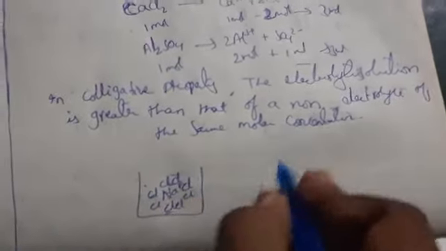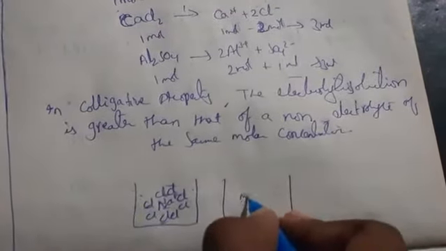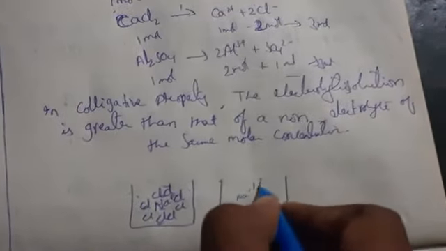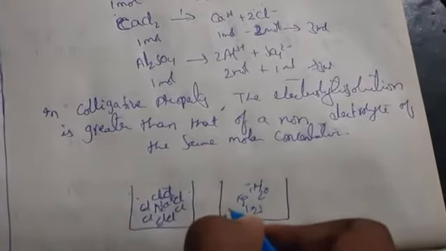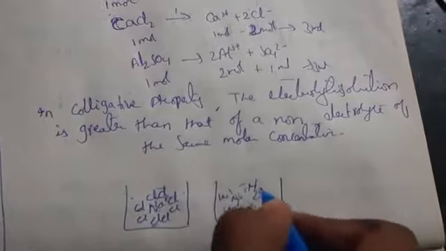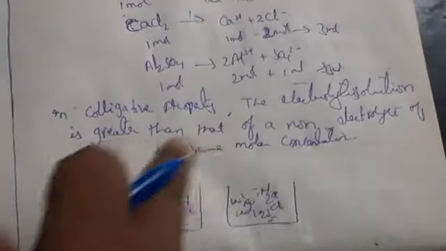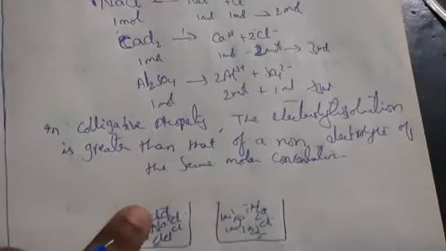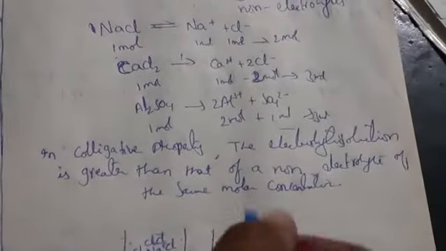When we add water, automatically the Na plus attracts the water molecules. In the same way, Cl minus is also attracting water molecules. There will be attraction, so it dissolves in water. So this is nothing but an electrolytic solution.